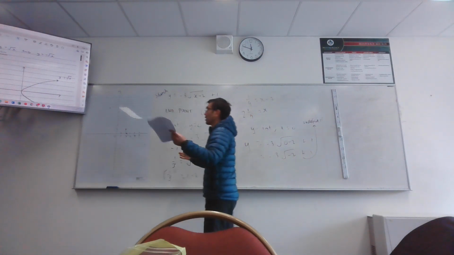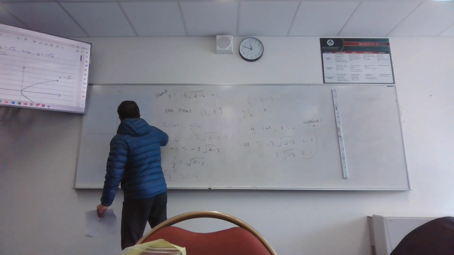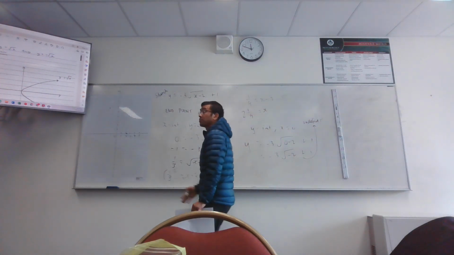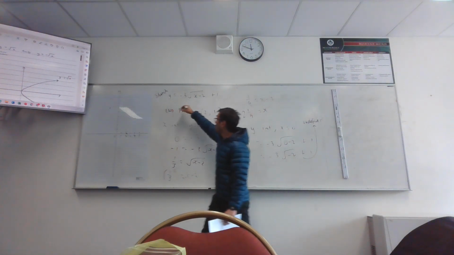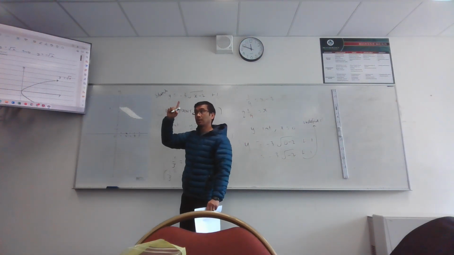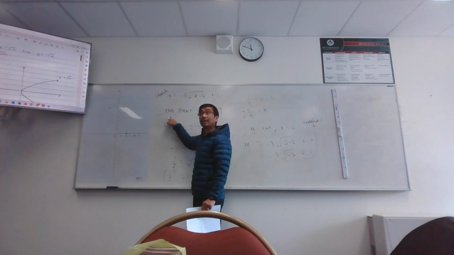Zach asked a very good question. How many points do we need to show? Number 1, for a square root function, you must have an endpoint all the time and another point.